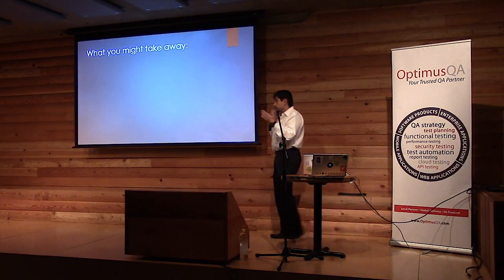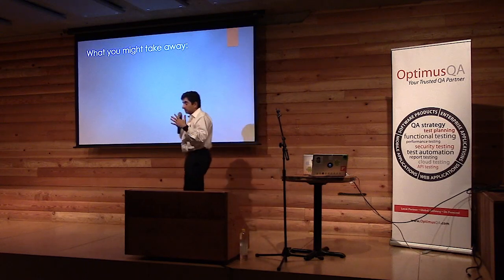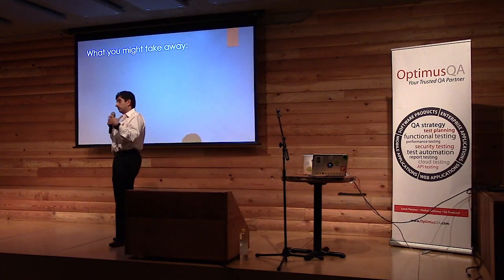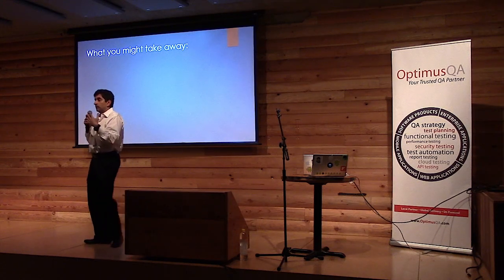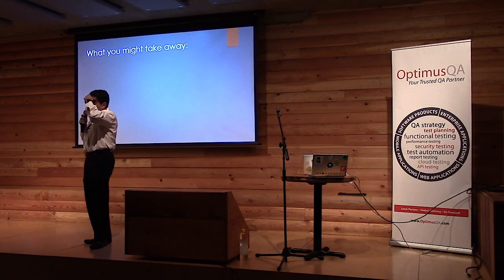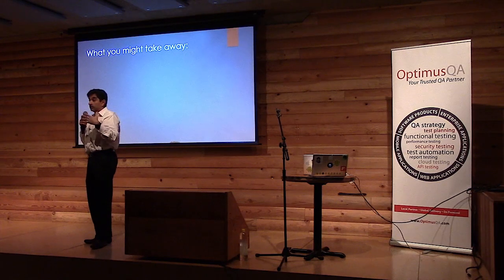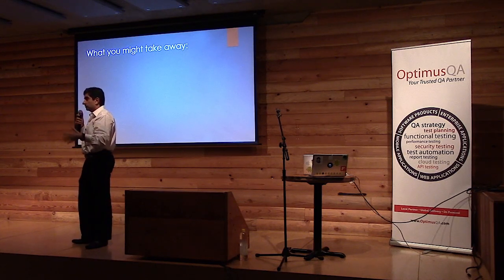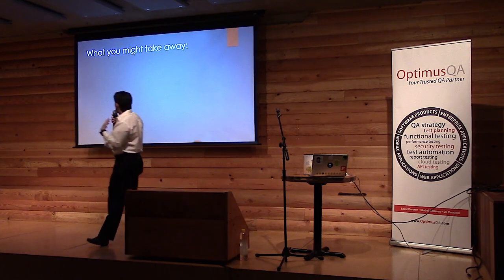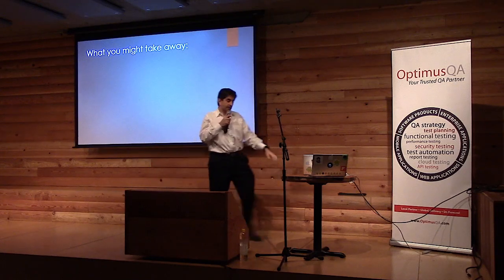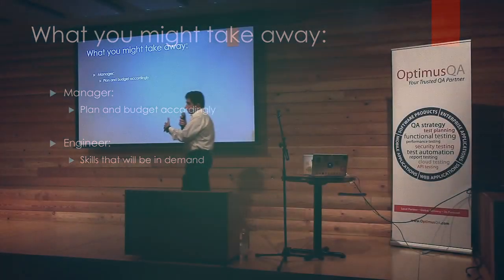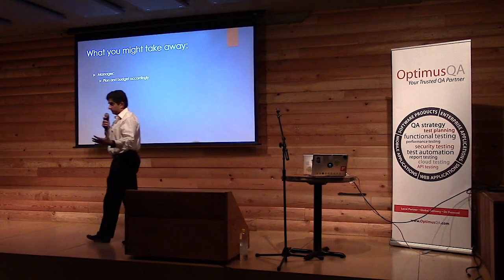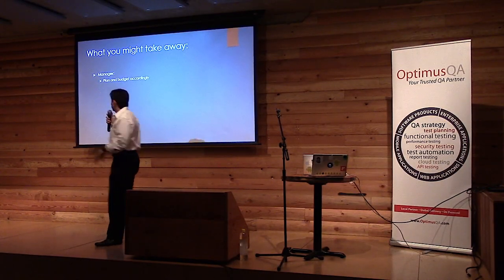So what can we take away from this? What am I trying to cover during this? There are people here as managers running test teams, and some of you are testers. Hopefully by the end of this presentation, the managers will have a pretty good idea how to plan and budget, and what are the things that you have to consider going forward for your automation.